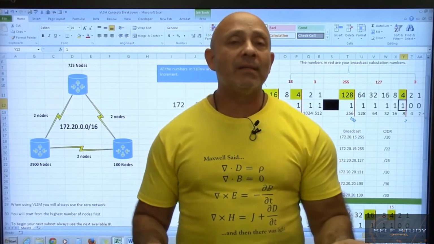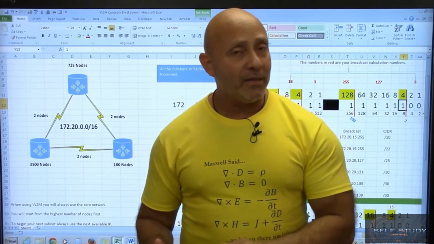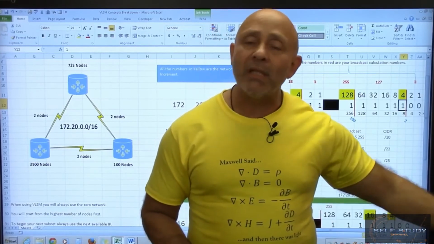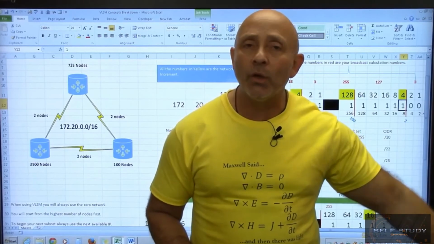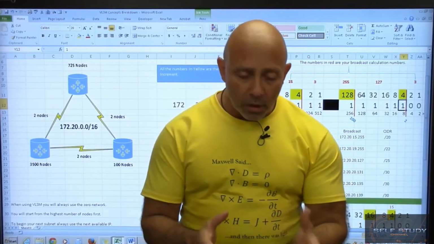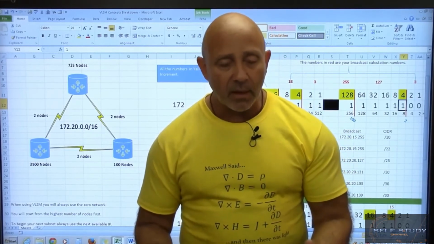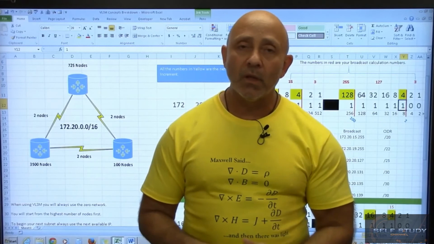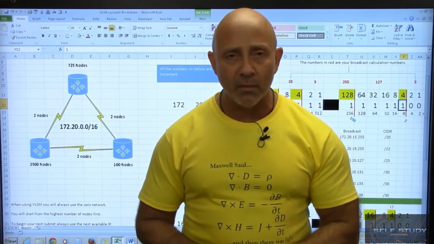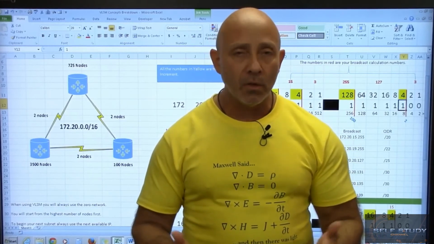The only ones that didn't support VLSM were RIP version 1 and IGRP. That's why we no longer use or teach that, because it's not being used, period. So the newer routing protocols support VLSM, which is great, because it's going to be a lot better on our routing tables, and we'll have a lot less waste of IP addresses on our network.